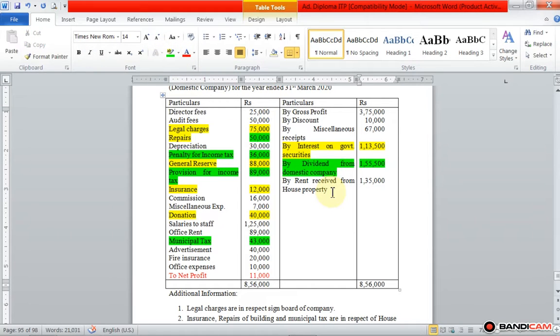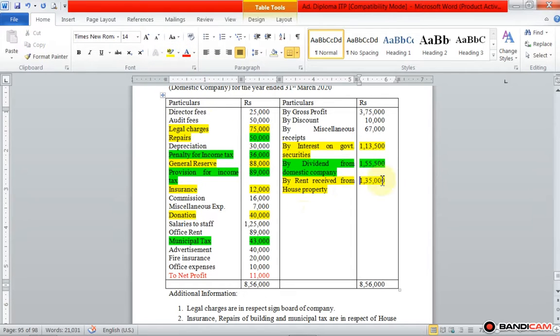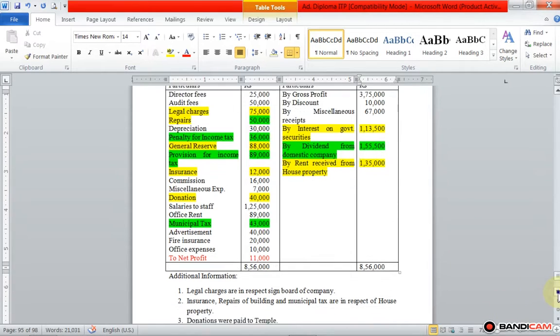Then rent received from house property is income from house property. Income from house property is a separate head of income. So the rent received falls under another head of income, that is, income from house property.